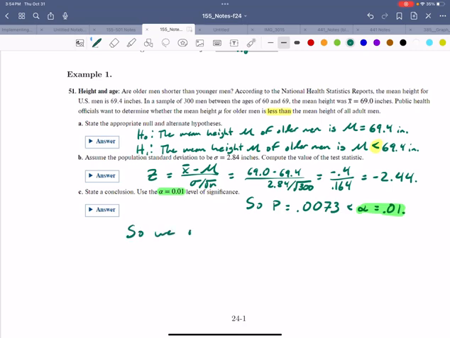So we reject the null hypothesis that mu equals 69.4 inches.